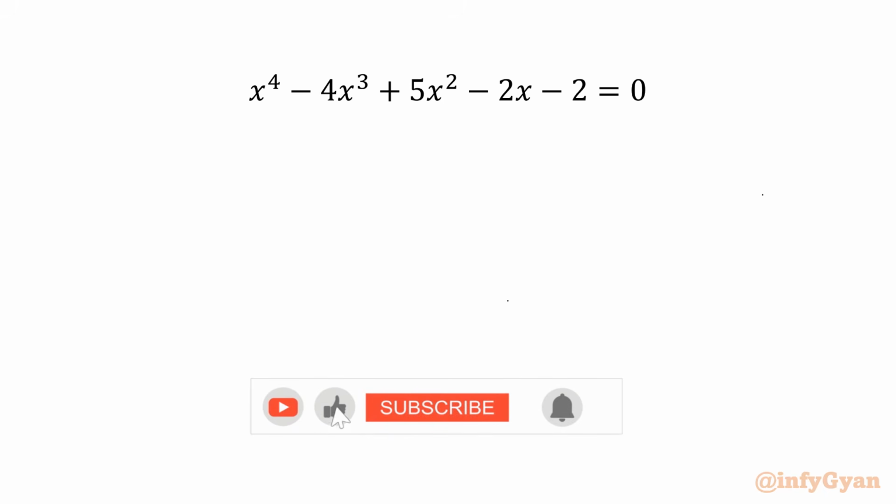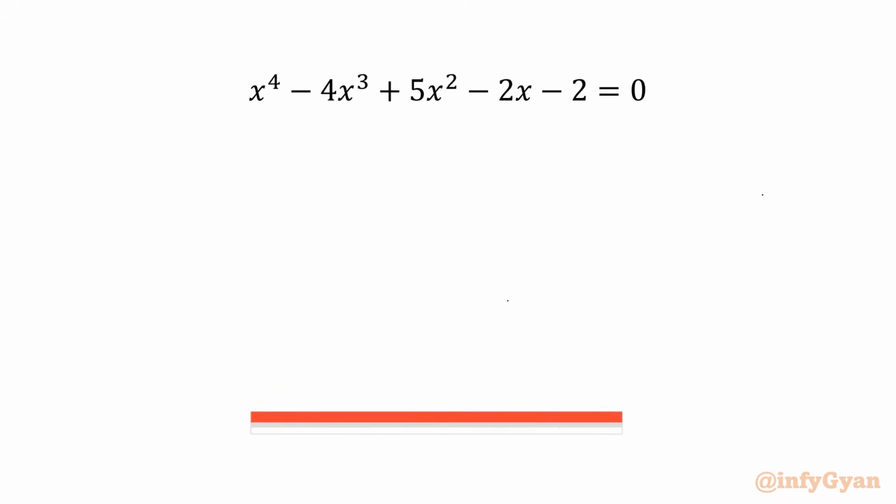In this video, we have one very interesting and challenging quartic equation which we'll be solving using Ferrari's method. There are certain steps to solve using Ferrari's method. First step is to get the depressed quartic from the given quartic equation, or eliminate the x cube term.